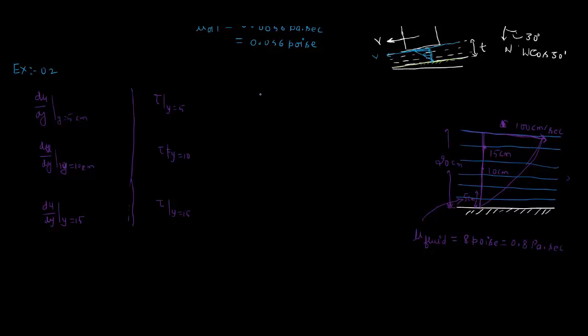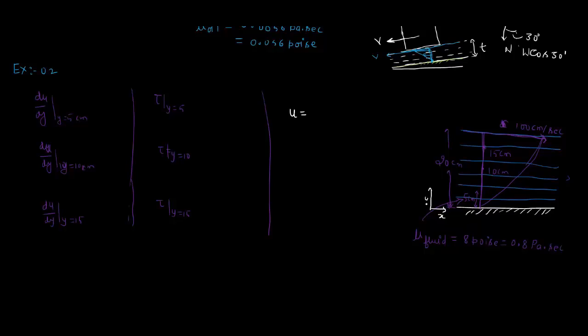So for the parabolic equation, if I want to write the equation, we can write that u, the velocity, is a function of y. Let me say this is y direction, this is x direction.